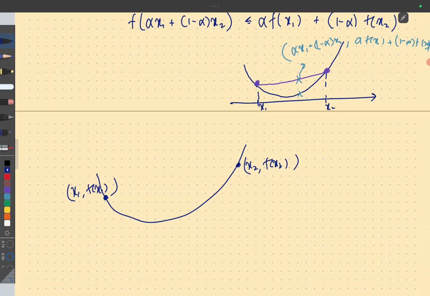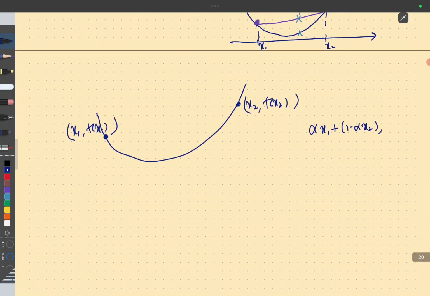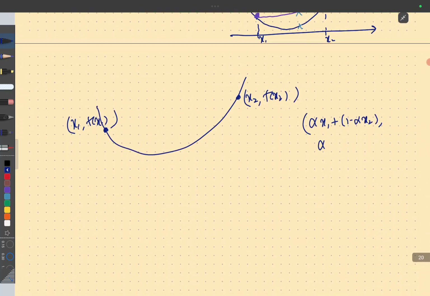Now for any alpha between 0 and 1, what does the point alpha x1 plus 1 minus alpha x2, comma alpha f of x1 plus 1 minus alpha f of x2 correspond to?